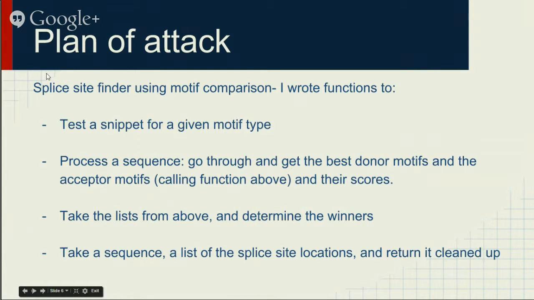To build my splice site finder, I started with these four functions. First, I want to be able to determine whether a bit of the sequence is likely to be a splice site. So I made two libraries, one for donor site and one for acceptor, with the probabilities for each base at each position for that motif.